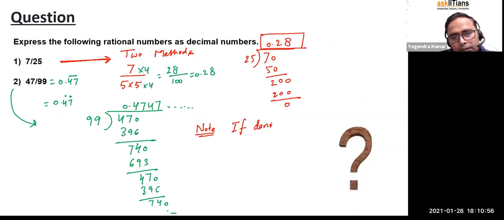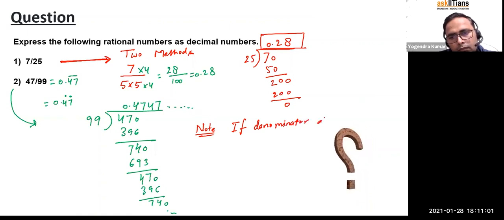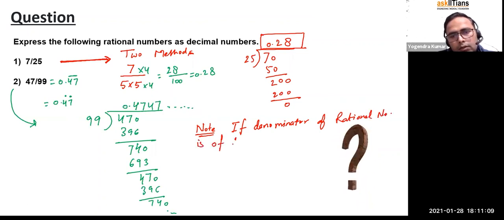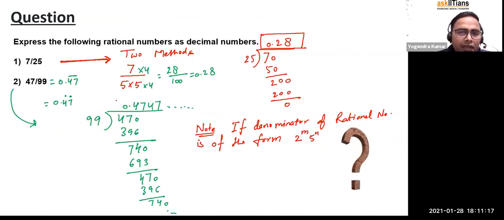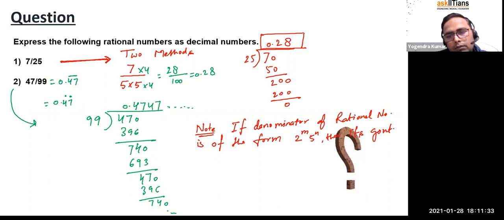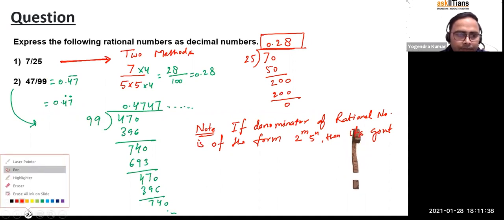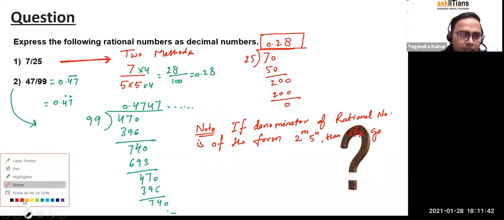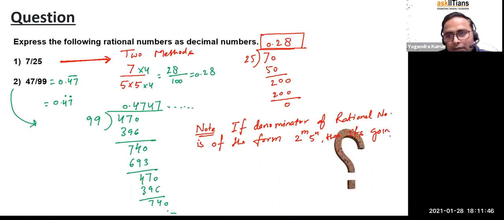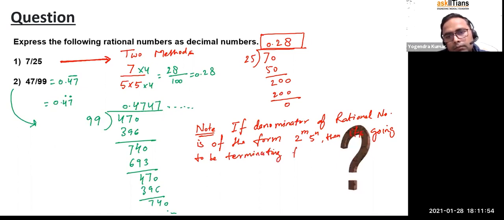If the denominator of a rational number is of the form 2 raised to m and 5 raised to n, meaning in the denominator we have 2 or 5 or both, and no other number apart from this 2 or 5, then it is going to be terminating decimal form.